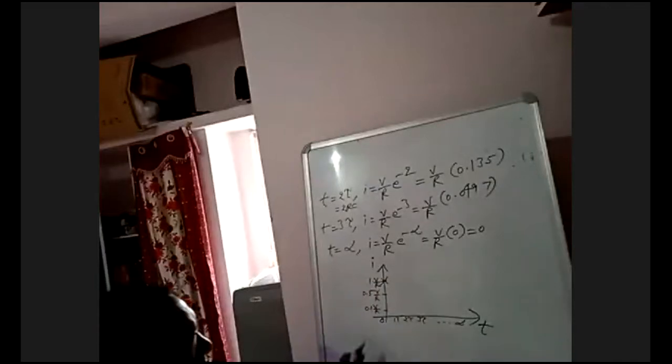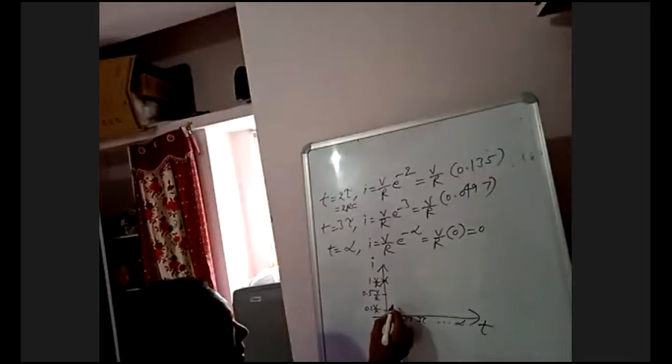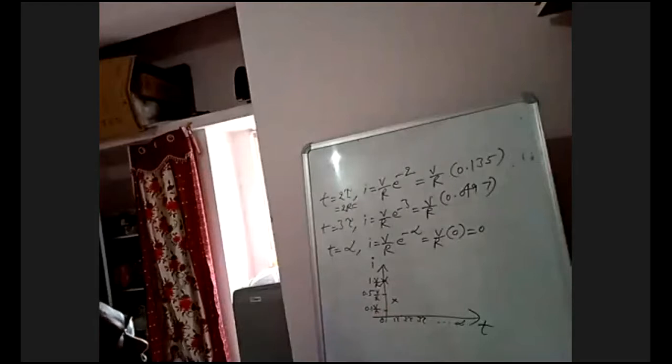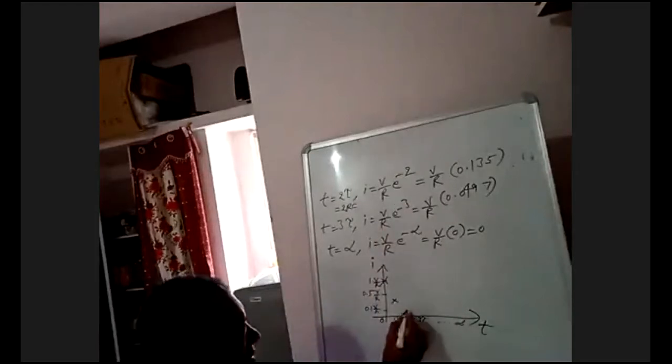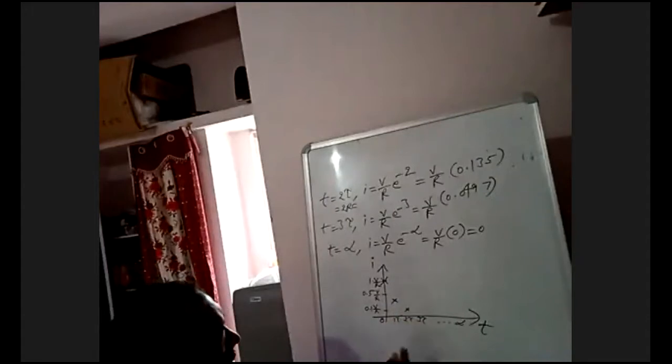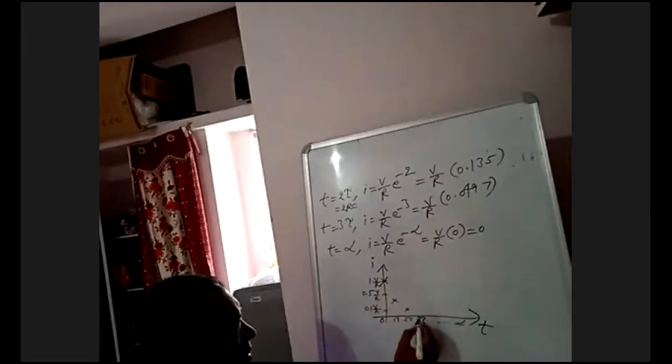At t is equal to 0, your current is V by R. At t is equal to one time constant, it is 0.367. At 2 time constants, it is 0.13 something. At 3 time constants, it is almost 0.